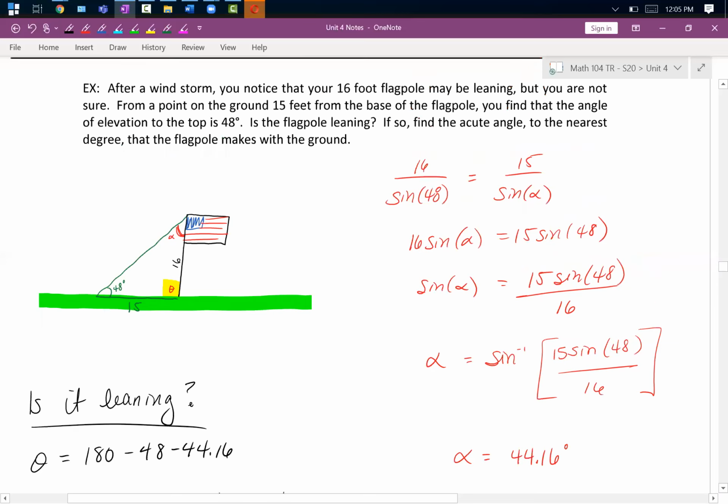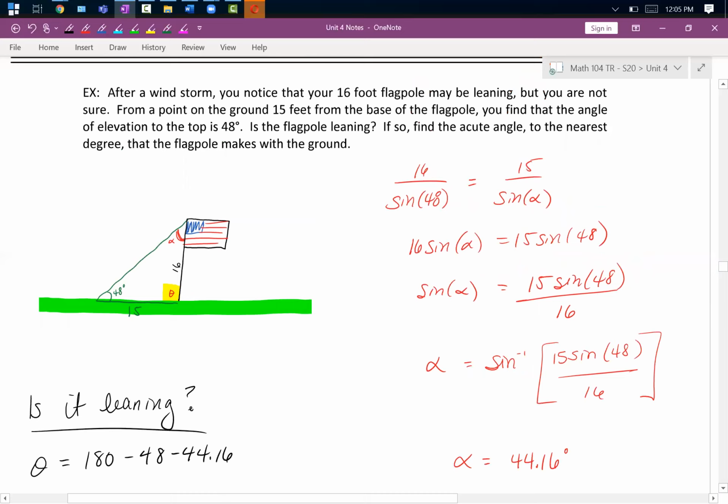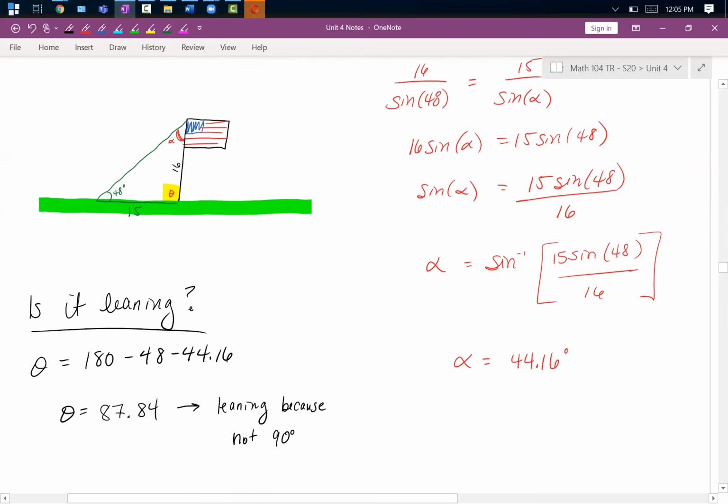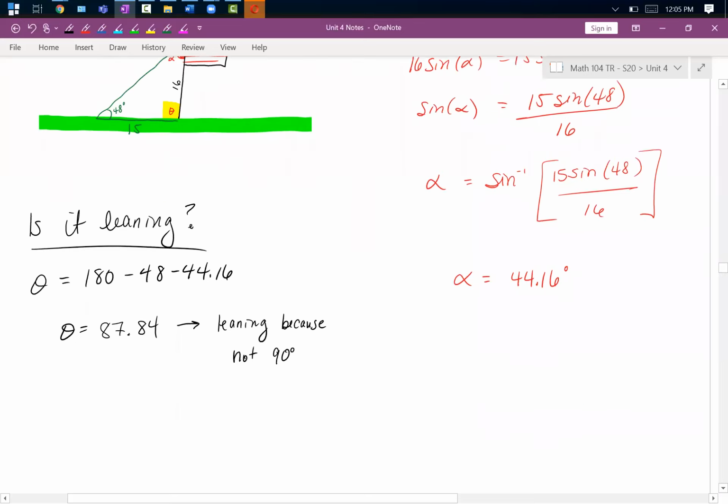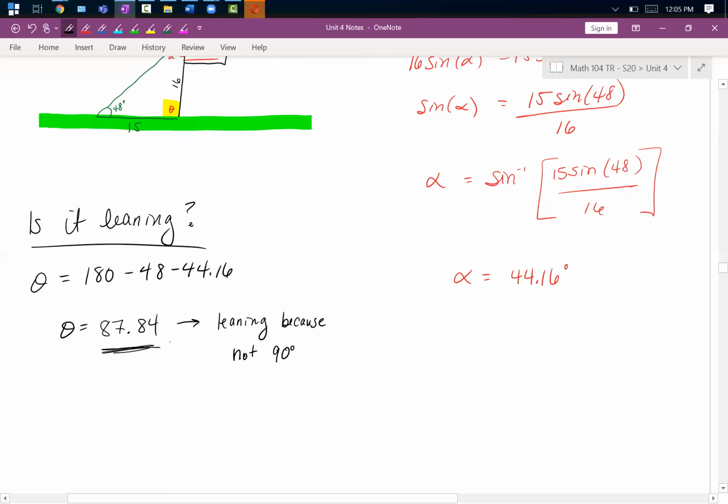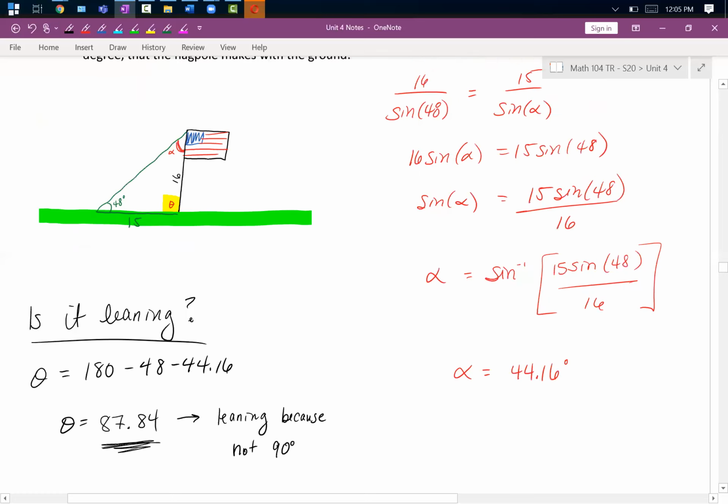But then there was a second question. If it is leaning, we want to find the acute angle to the nearest degree that the flagpole makes with the ground. So this is an acute angle, because if we had measured from over here, this one would have been obtuse, so we would have had to find the other one.